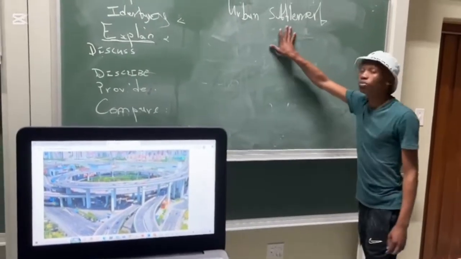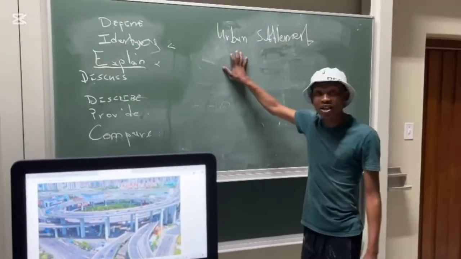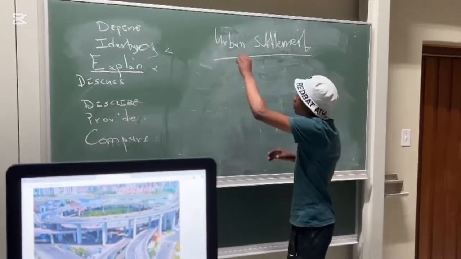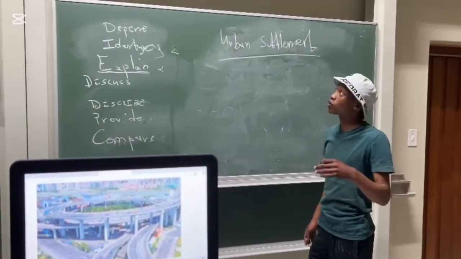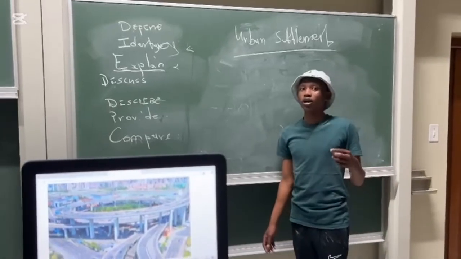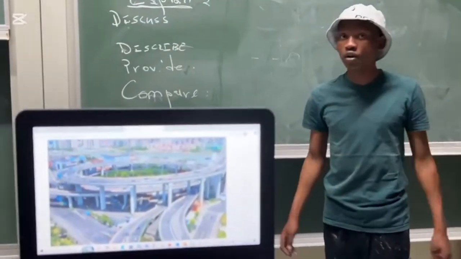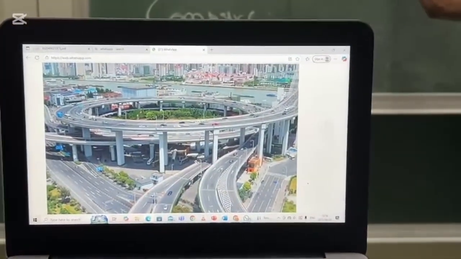Now we will be demonstrating the picture of an urban settlement, that particular place where many people live close together in a developed area. As you can see in the picture, the area is developed. The economic activities take place, and there are tall buildings.